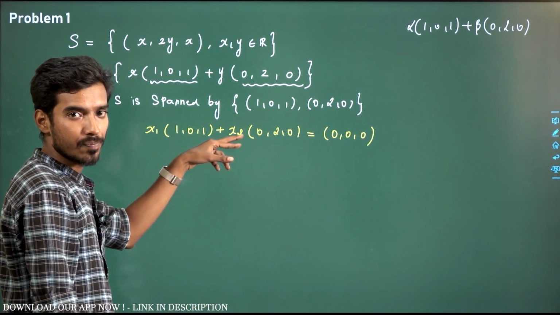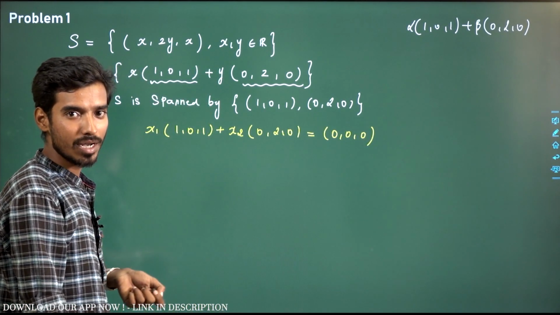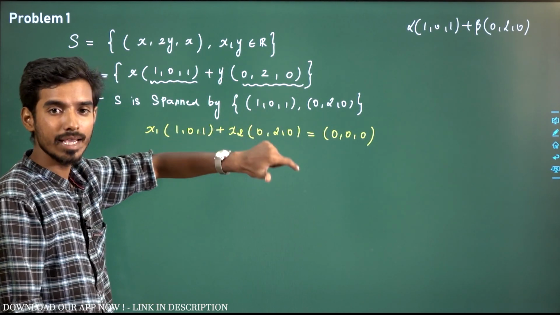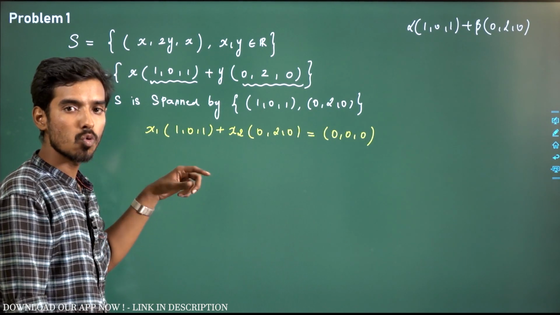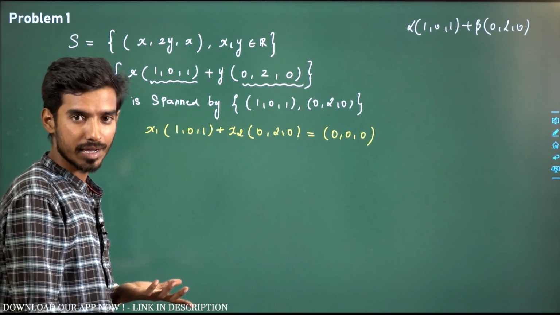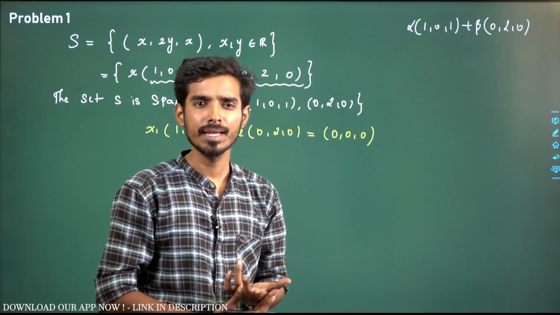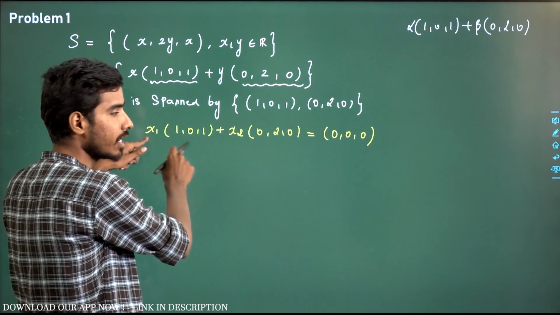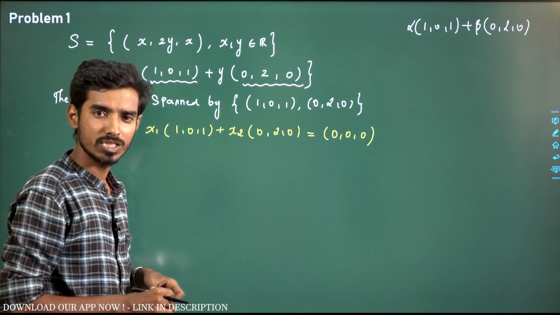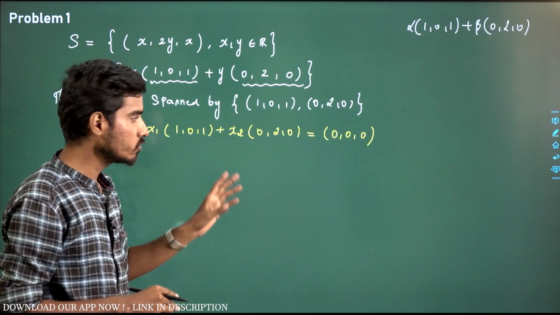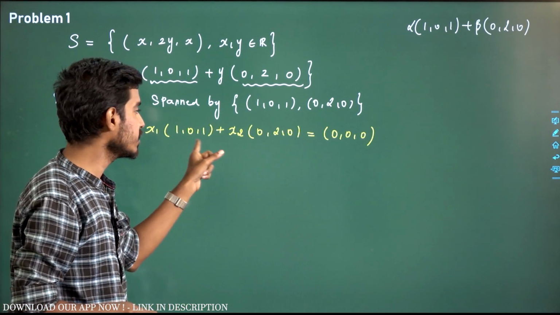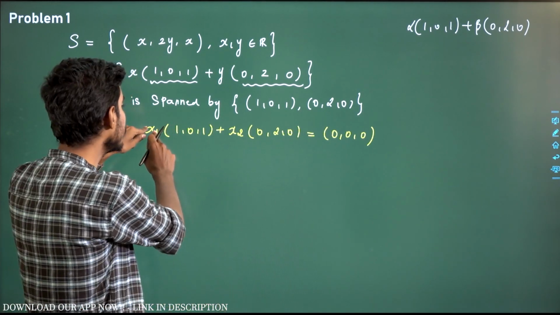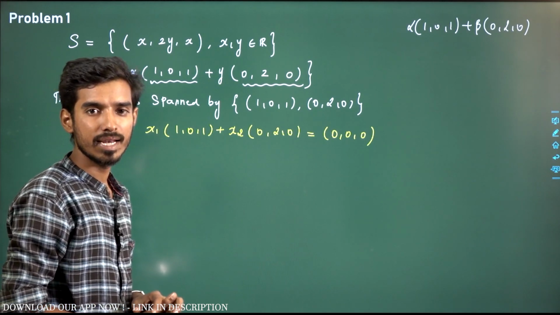If you can find at least one non-zero x1 or x2, then this will be linearly dependent. If both x1 and x2 are 0, that is, this linear combination is equal to 0 only when x1 and x2 are 0, then it will be linearly independent. This is the definition of linear independence and dependence.